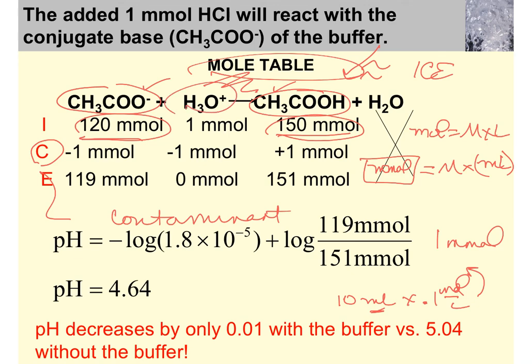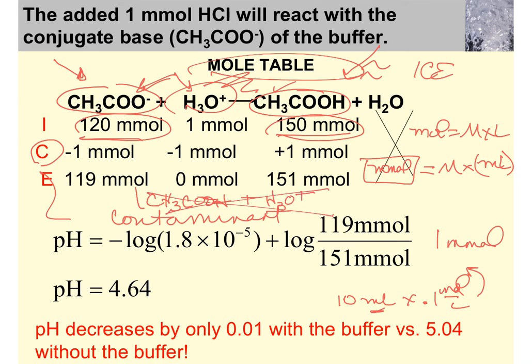Now, you have to ask yourself, which of the buffer components is the acid going to react with? It's always going to react with the base, right? Acids react with bases. So you have to write the correct equation for your mole table. In other words, you wouldn't put the weak acid reacting with another acid, right?